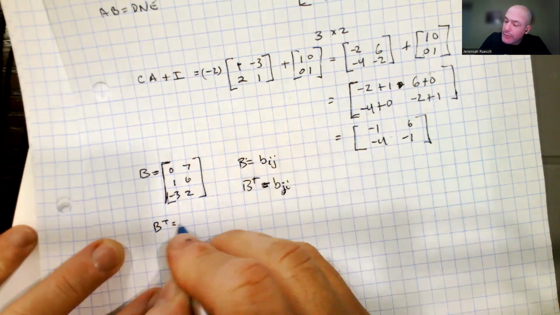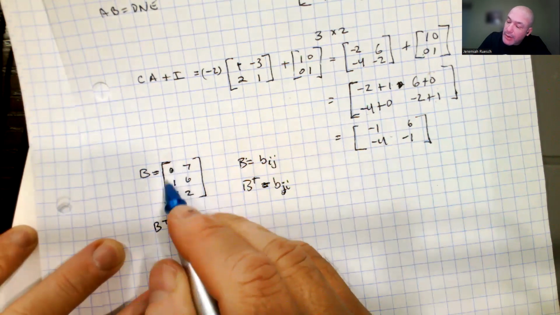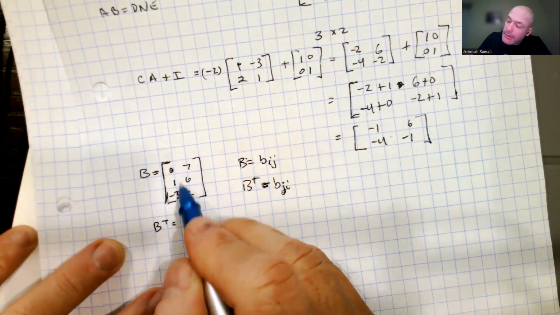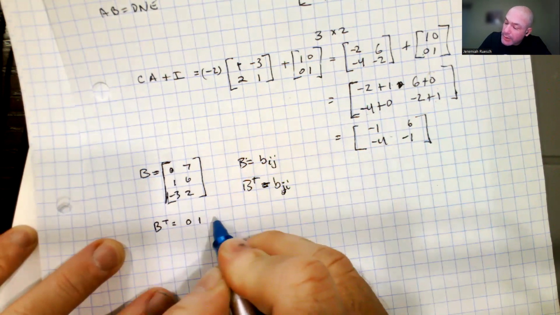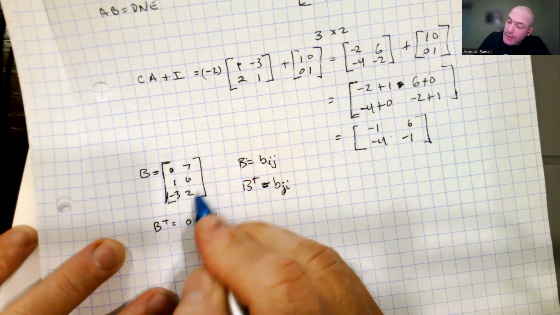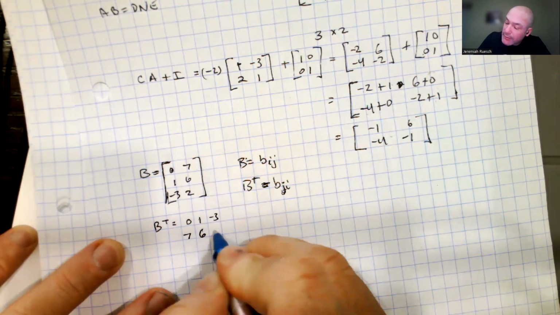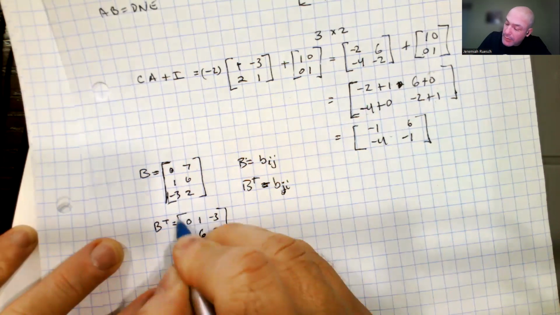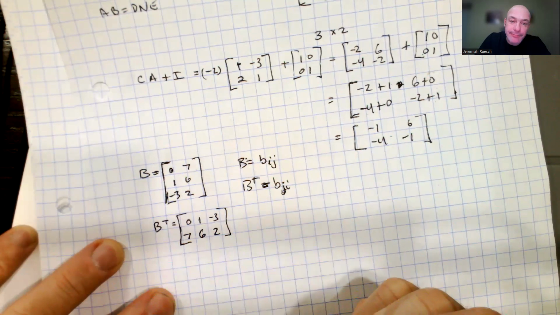Okay? So that means for this one, the first column is now going to become the first row. So 0, 1, -3. This is the second column. It is now going to become the second row. So 7, 6, 2. And so this is the transpose of B.